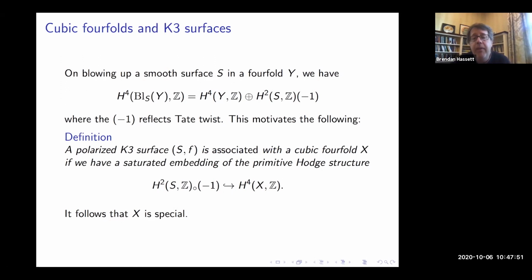So simply, if you look at the primitive cohomology of a polarized K3 surface, if you can embed that in the cohomology of the cubic fourfold in a saturated fashion, then we'll say that that polarized K3 surface is associated with the cubic fourfold. And so this is what would happen if that surface were blown up in the course of modifying X.